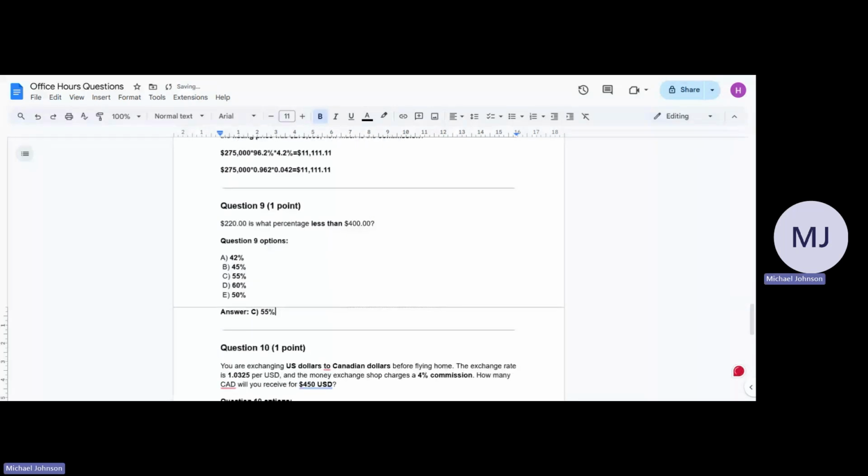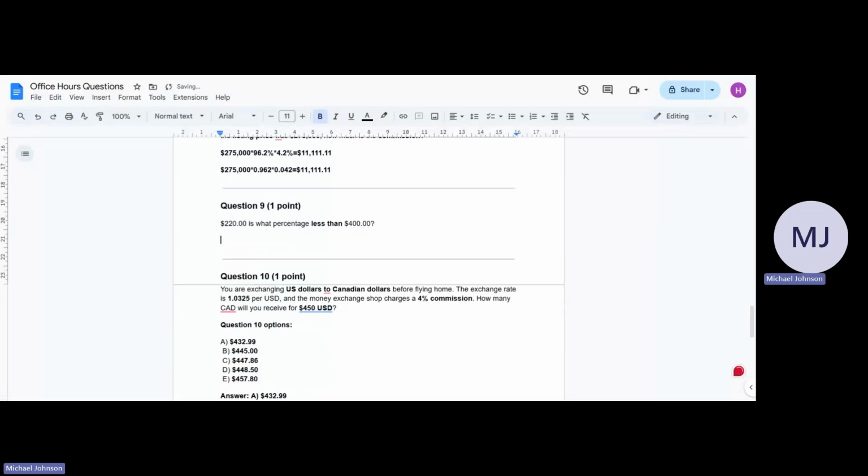Yep. And then $220, what percentage less than $400? So how you do this is you do original price minus new price divided by original price times 100%.